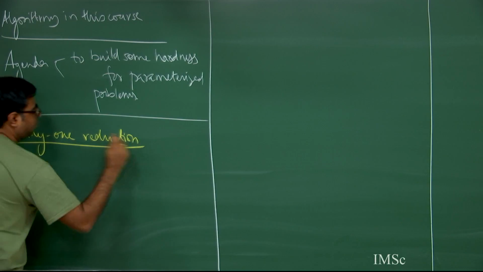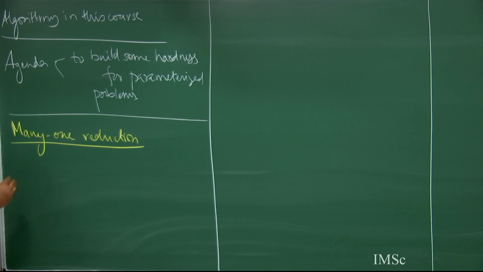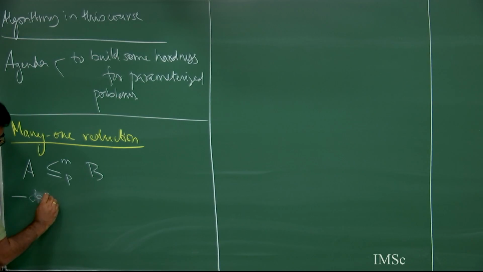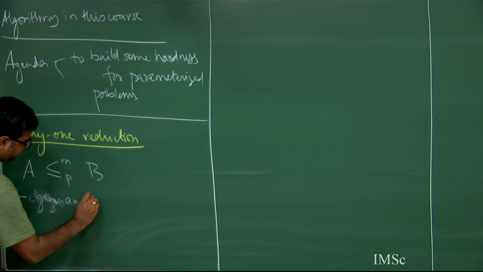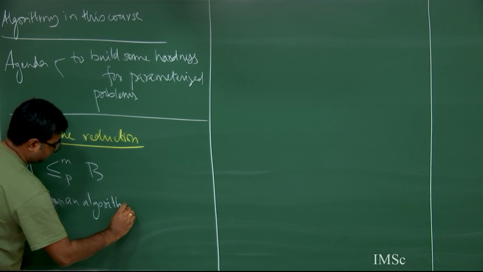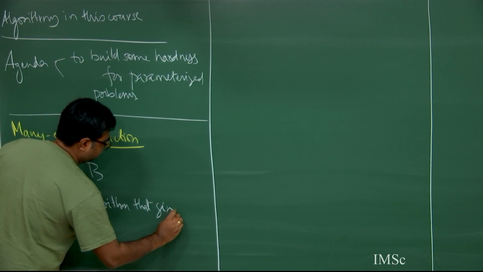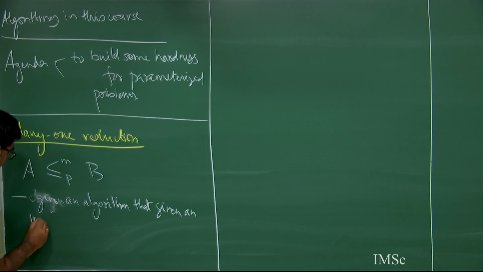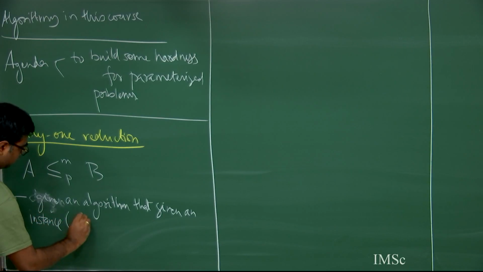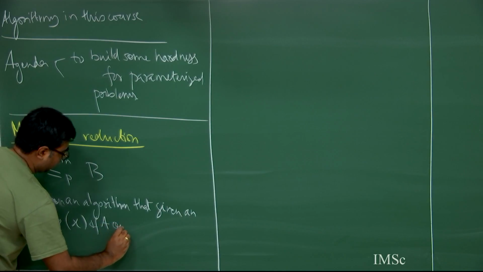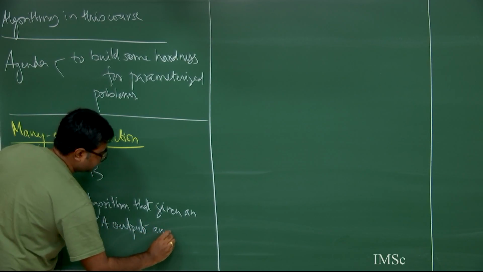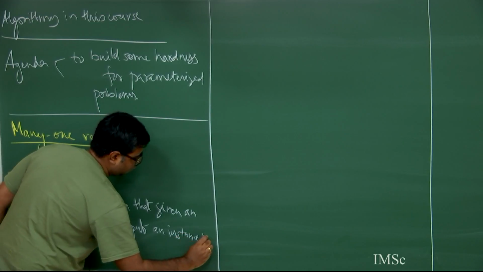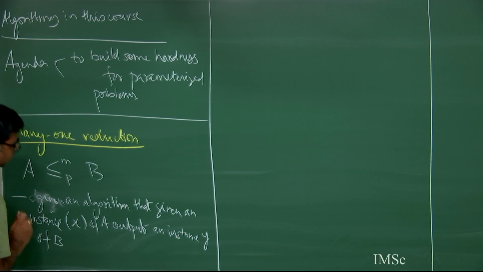So how do you show a problem to be NP complete? You have a problem A, and basically you give an algorithm that, given an instance x of A, outputs an instance y of B with what property?